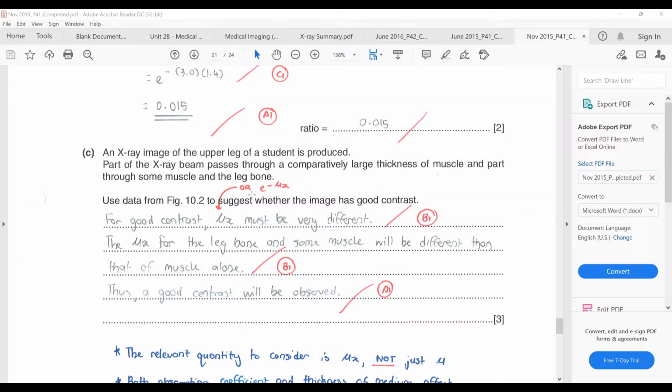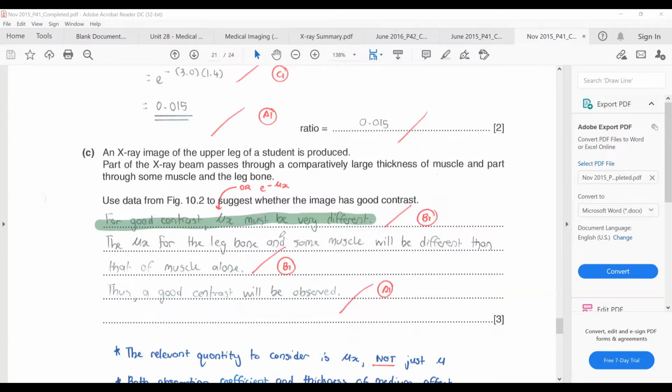Now, just now, as I mentioned to you, if you want a good contrast, your X-ray must darken by different amounts. Your X-ray darkening by different amounts must mean that you must have different amounts of X-ray incident on the film, and hence you must have different amounts of X-ray absorbed in the first place when passing through the different mediums.